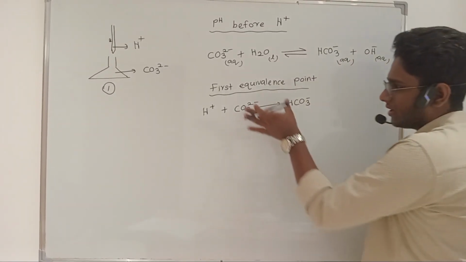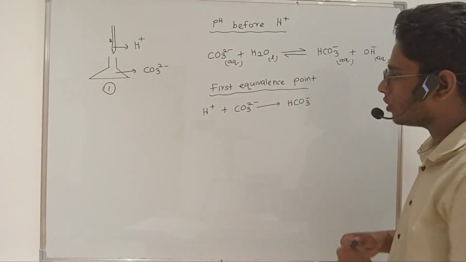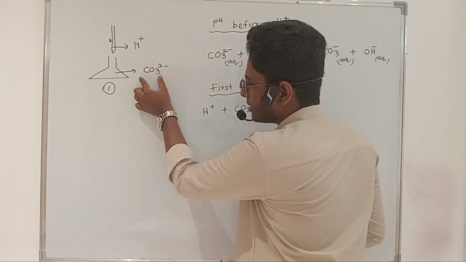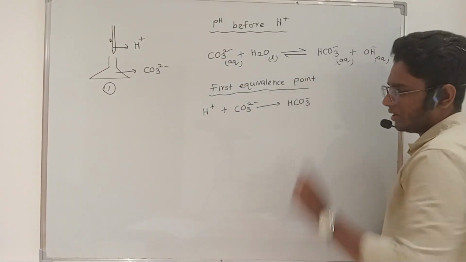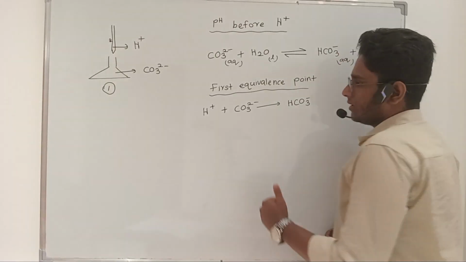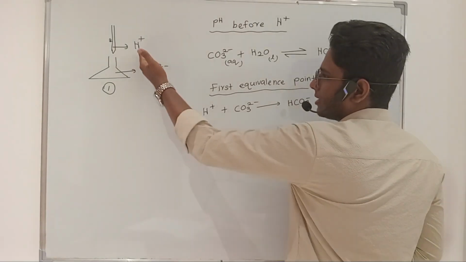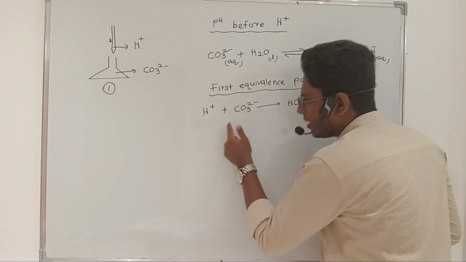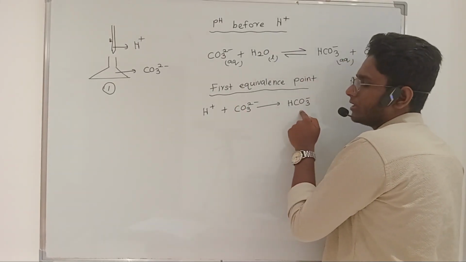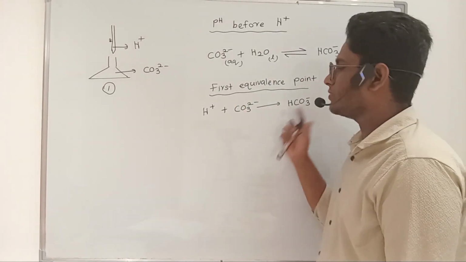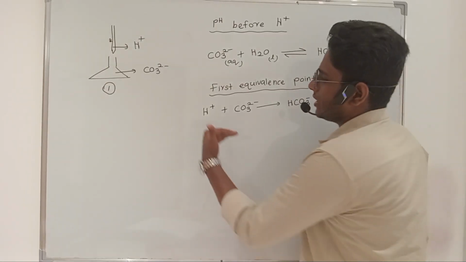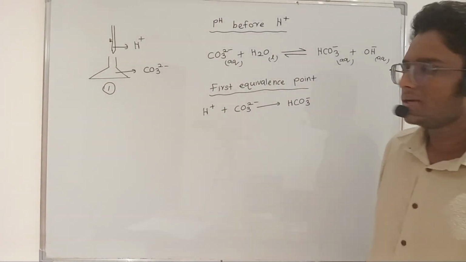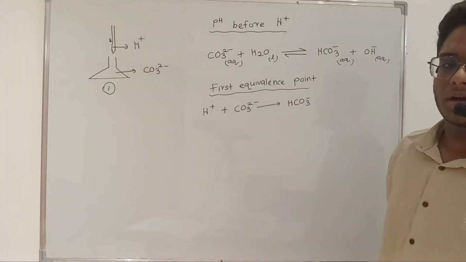So at the first equivalence point, all of the carbonate present in the titration flask will be converted to bicarbonate. The volume of H plus needed to convert the carbonate into bicarbonate is known as the first equivalence point. So this is the reaction that happens at the first equivalence point.